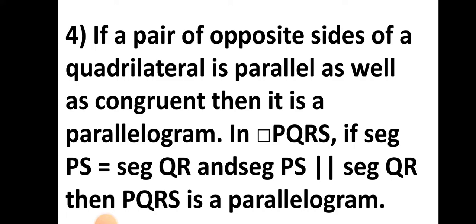Now next, fourth, if a pair of opposite sides of a quadrilateral is parallel as well as congruent, then it is a parallelogram.